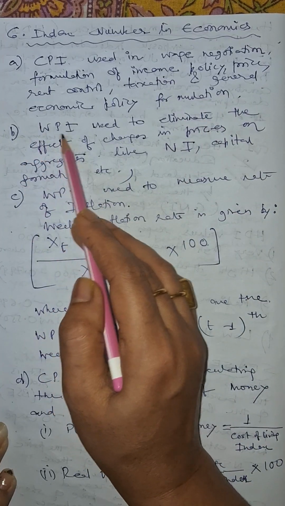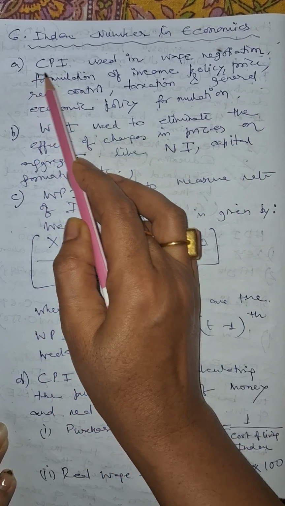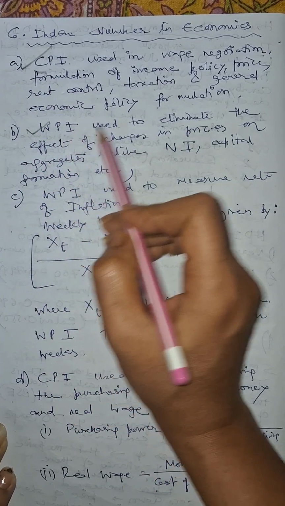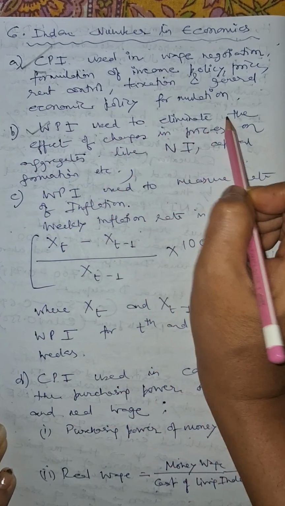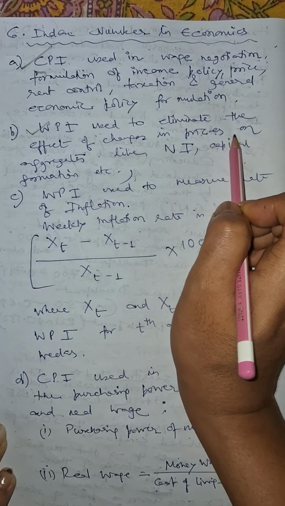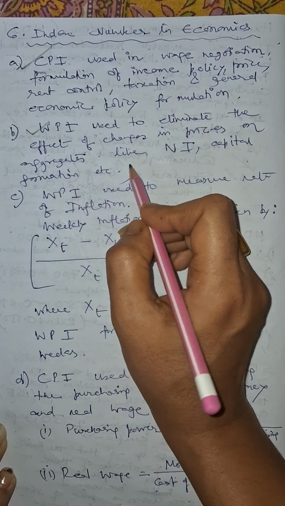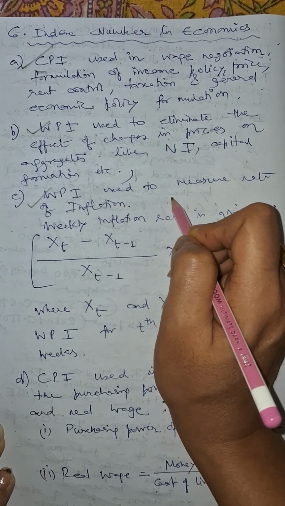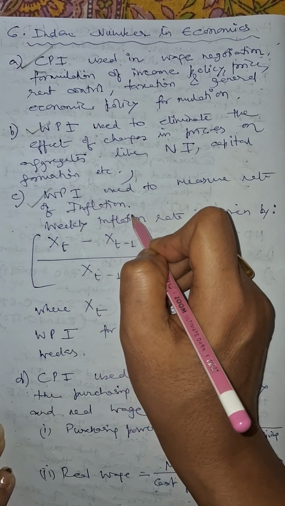Next is the WPI, the wholesale price index. It is used to eliminate the effect of changes in prices on aggregates like national income and capital formation.